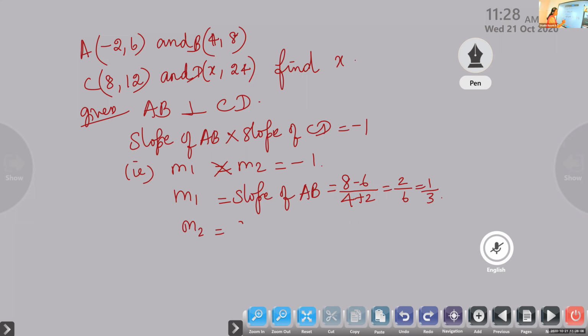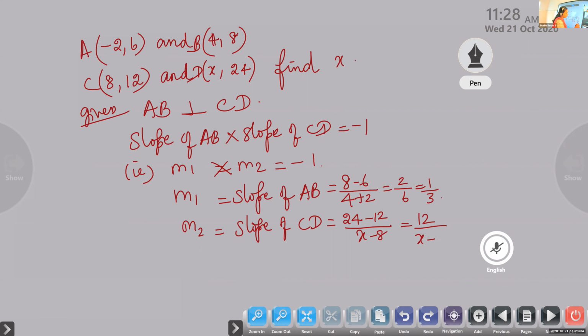Now, find out slope of CD. Y2 minus Y1 by X2 minus X1. So 24 minus 12 by X minus 8. What is 24 minus 12?